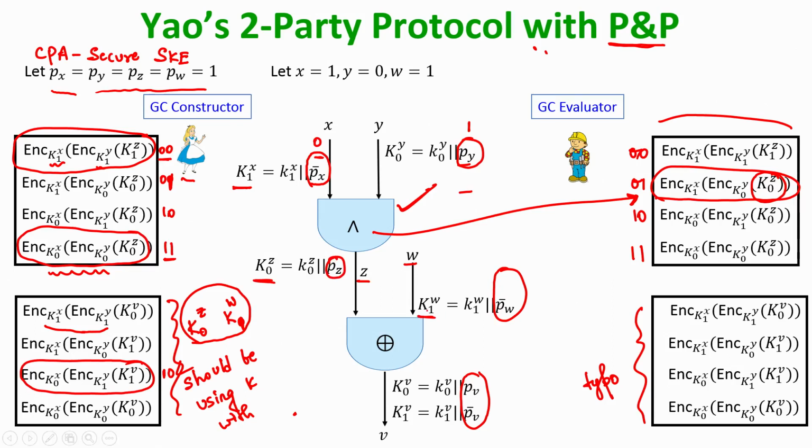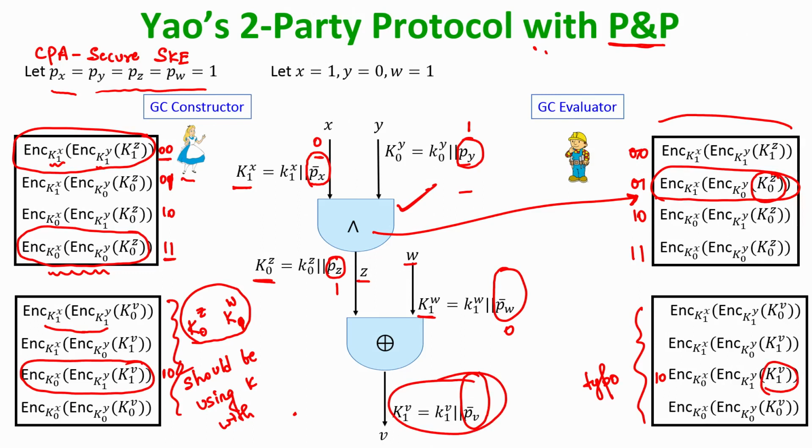So, in this case the value of PZ is 1, the value of PW complement will be 0. That means, he has to go and decrypt the entry stored at index number 10. He does not have to try any of the remaining 3 entries, and as a result he will be able to get back this plain text, and that is the garbled output that he will finally obtain.